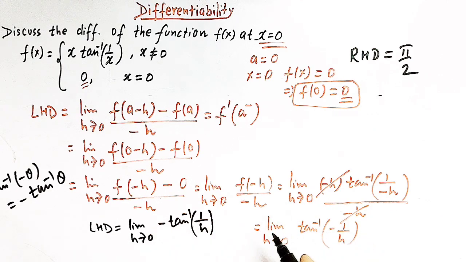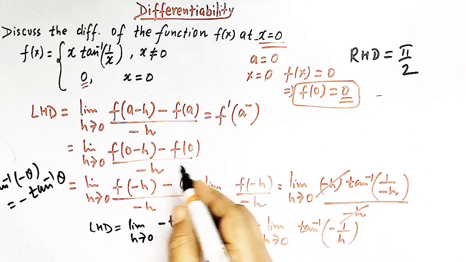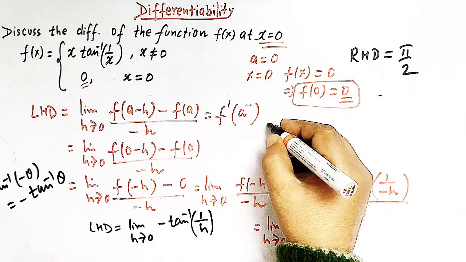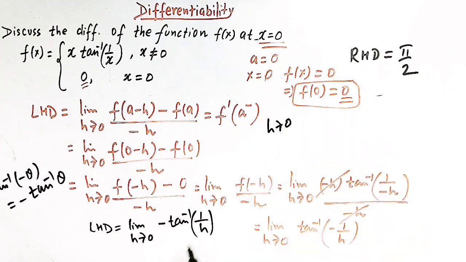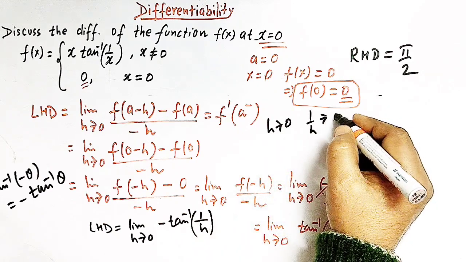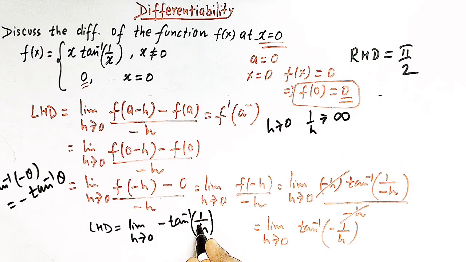So now, as we have discussed earlier, when we calculated the value of the right hand derivative, when h tends to 0, then 1 over h tends to infinity, right? And now we can write this negative sign in front of the limit notation.